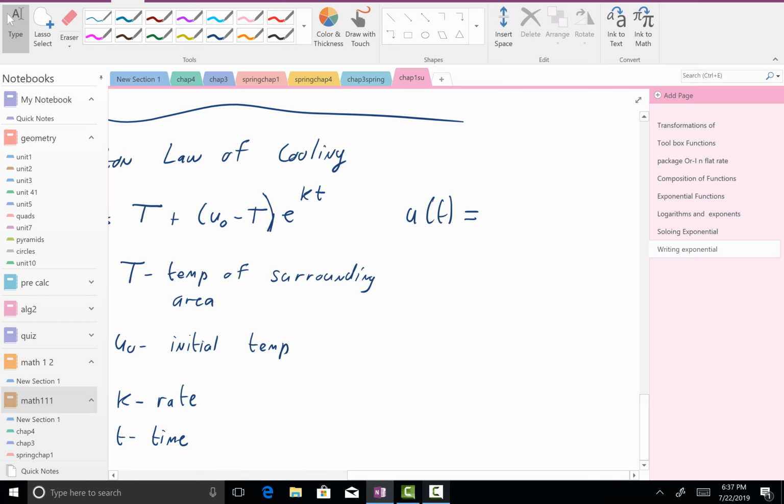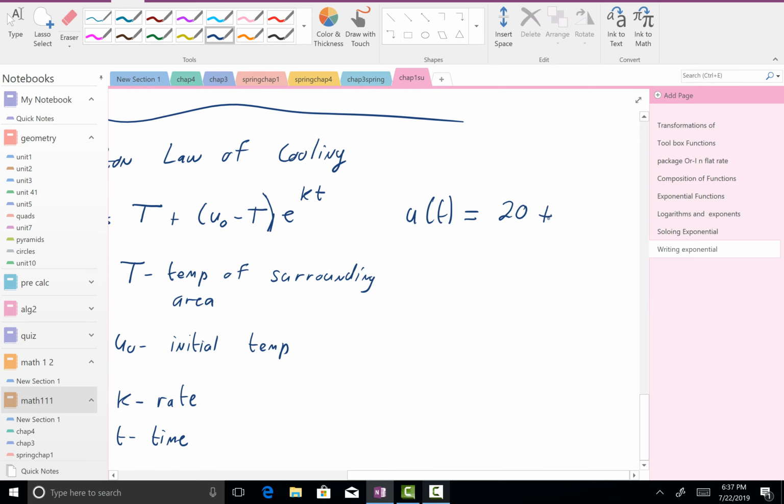Let me see, I'll even look it up. Oh, it's dead right. Okay, so 20 degrees. So I'm going to put a 20 there.